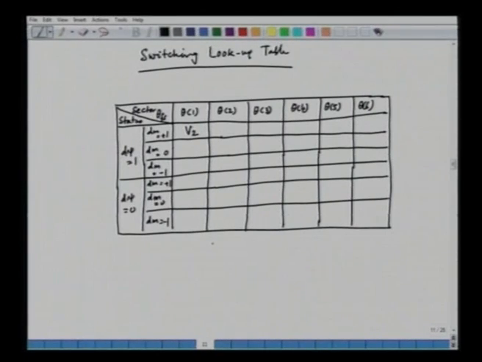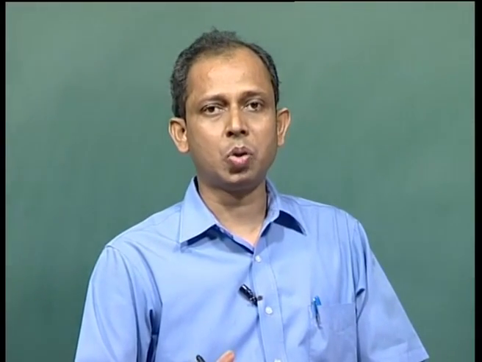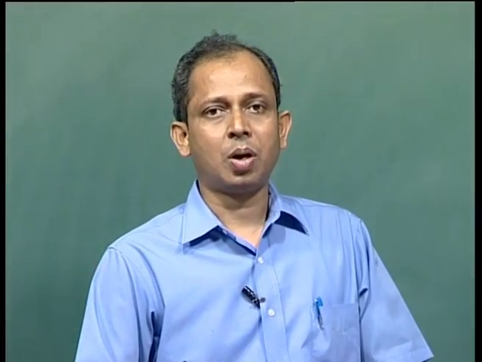Now if we have to increase the flux but keep the status quo of the torque unchanged, we apply a 0 voltage vector. Similarly, if we have d psi equal to 1 and dm equal to -1, we apply V6. So this is how we fill up the entire lookup table here. In the next class, we will see how we fill up this entire lookup table and how we can have a closed loop speed control of direct torque controlled induction motor drives.